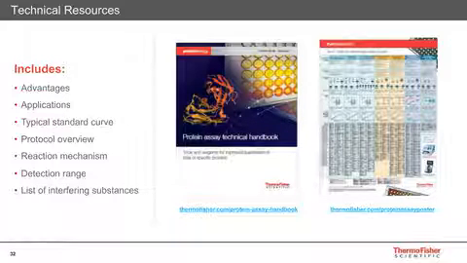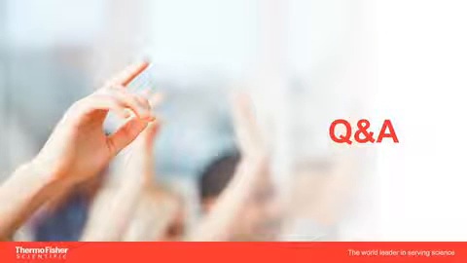It gives the detection range, the sensitivity, how low you can go in your protein concentration with each of the assays, and most importantly, it gives you a list of the interfering substances with their maximum compatible concentrations, which you can use for your protein assays.